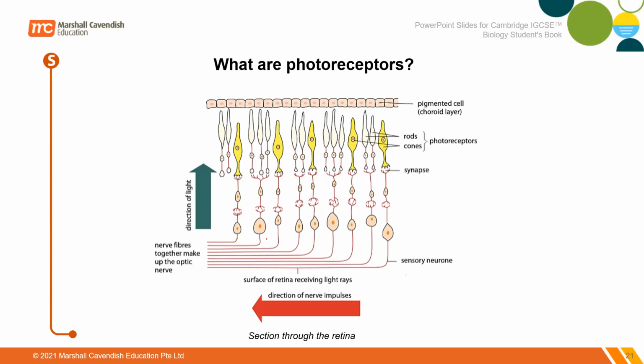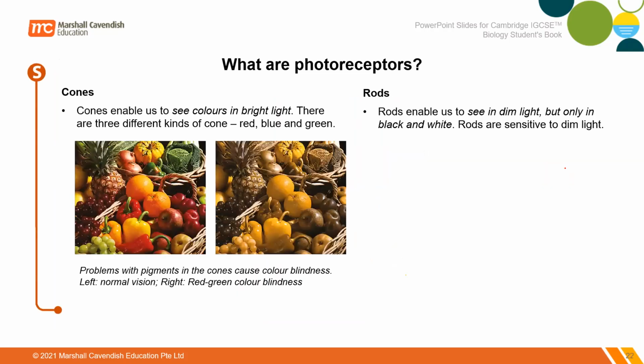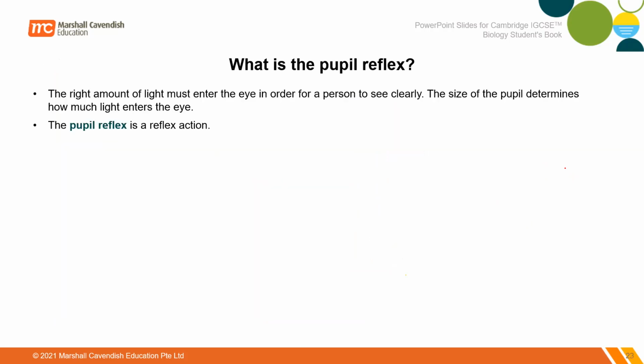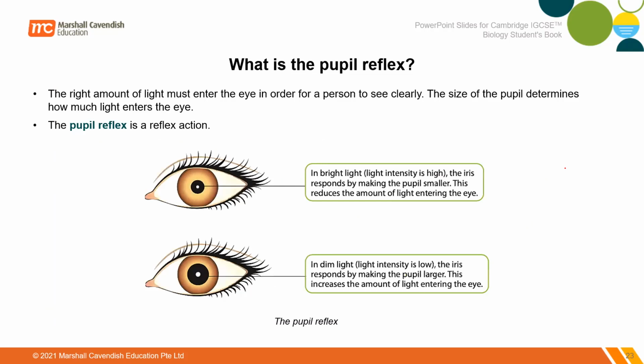Same sequence from the receptors to the sensory neuron, and this is the direction of light, and then the photoreceptors will change the message to electrical messages, or the retina will do this, to electrical impulses, and all the electrical impulses will be transmitted through the optic nerve to the brain in order to see. Okay?